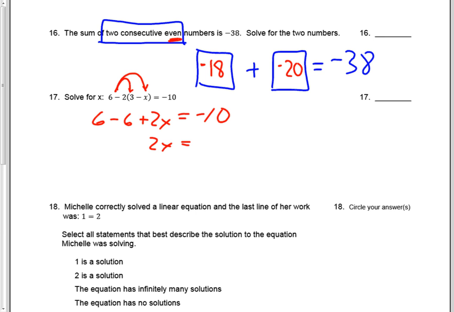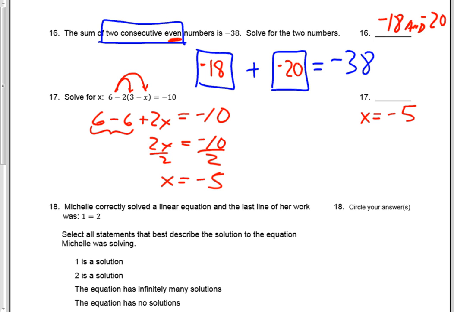So 2x equals negative 10. This just equals 0. Divided by 2, x equals negative 5. Check and see. Do you have a negative 5 or a positive 5? So up here you would have to have negative 18 and negative 20.